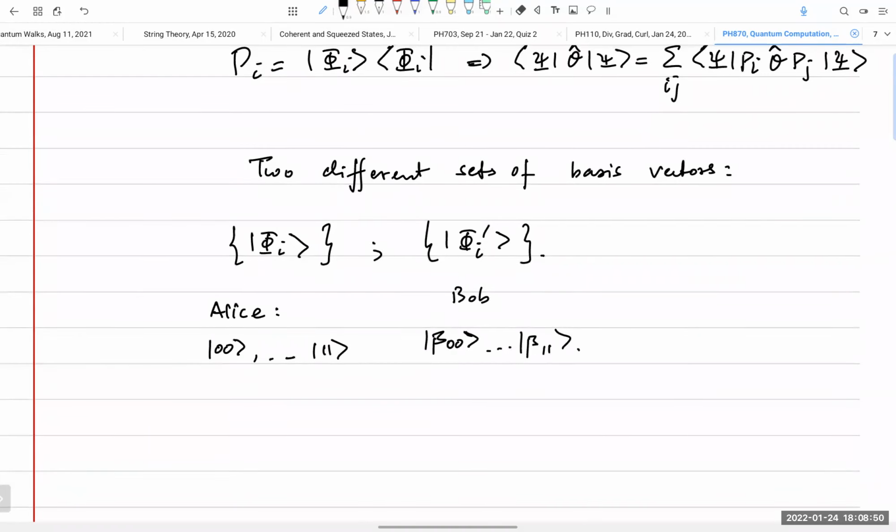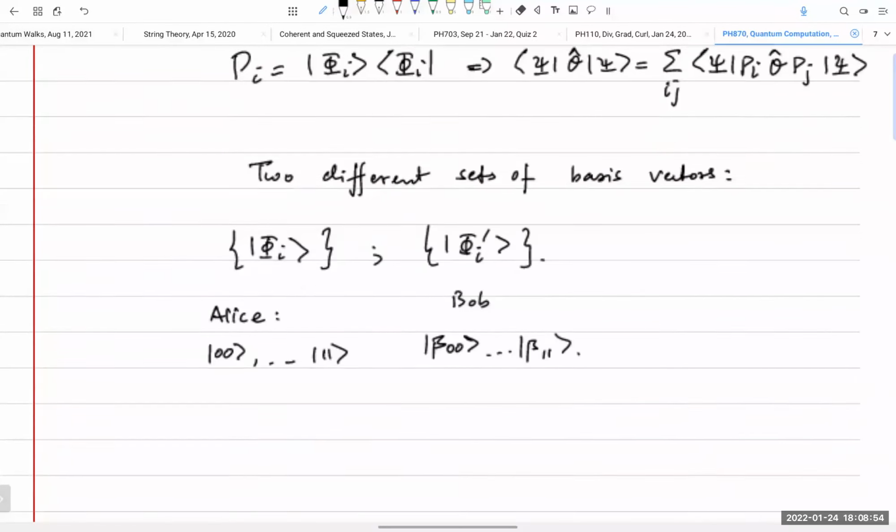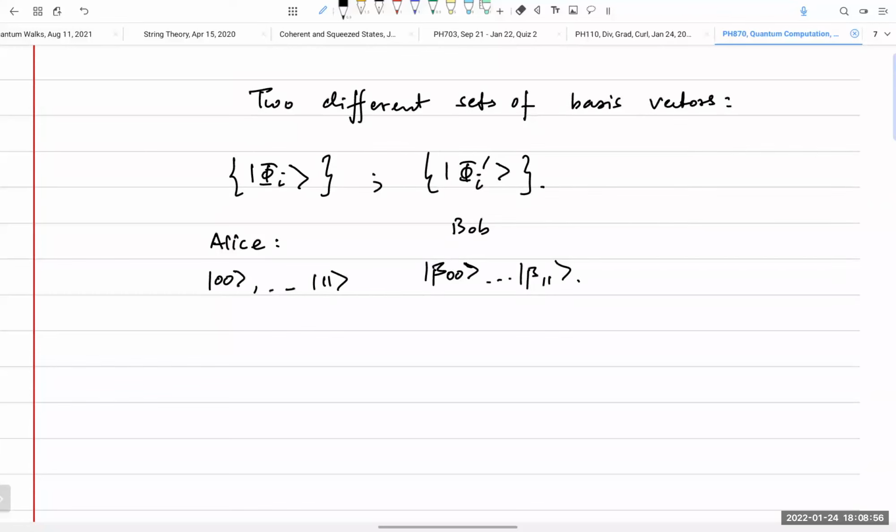So what do we mean when we say that Bob makes a measurement in the Bell basis? It is that Bob has a set of 4 projection operators.